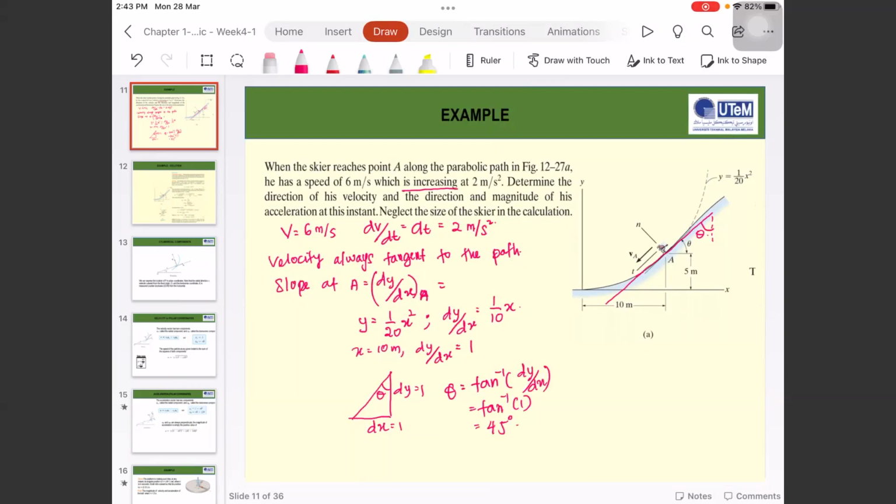Now what is the magnitude of his acceleration at the instant? So for this skier, you have A tangent and then you have A normal. Ingat, arah normal adalah towards the center of curve. Dia mesti ke dalam lengkungan.